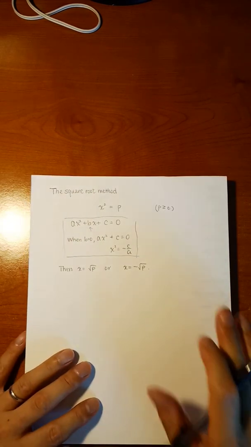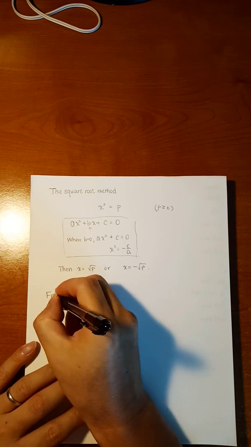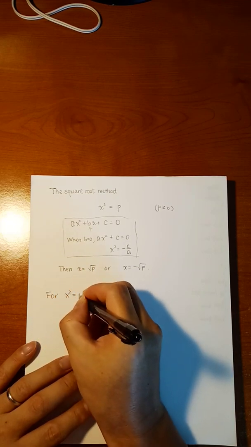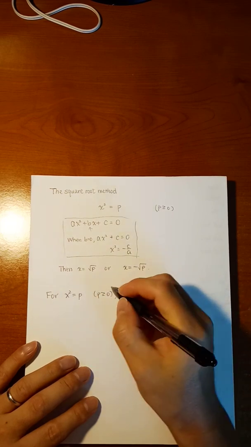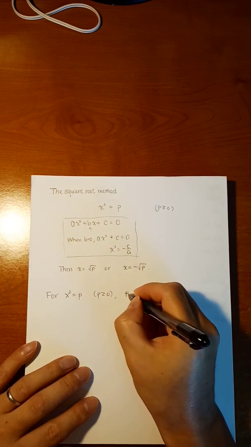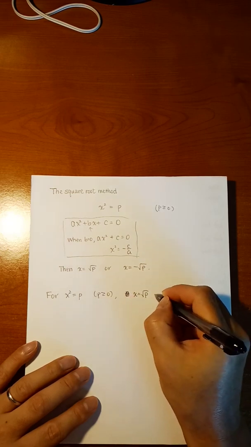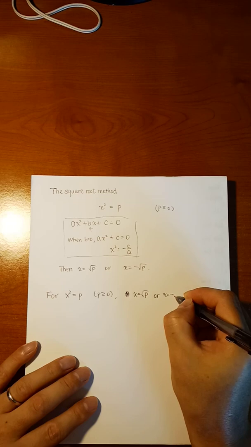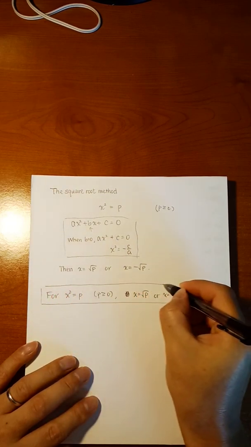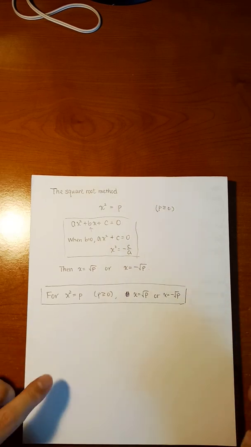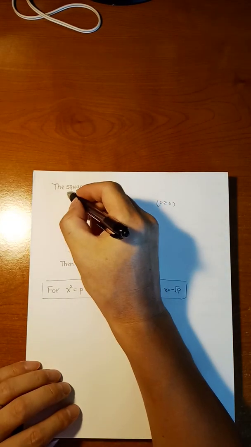So the strategy for the square root method is that for x squared equal to p with the condition p greater than or equal to 0, x is square root of p or x is negative square root of p. So this is a conclusion, and this is called the square root method.